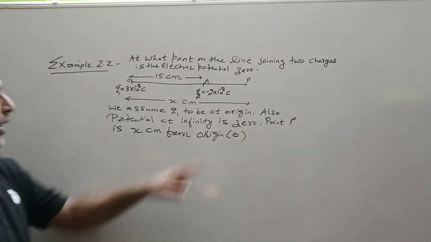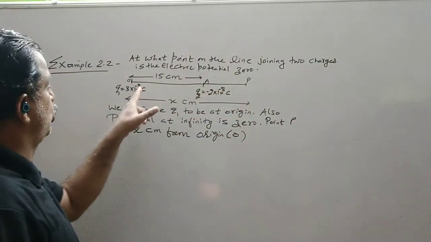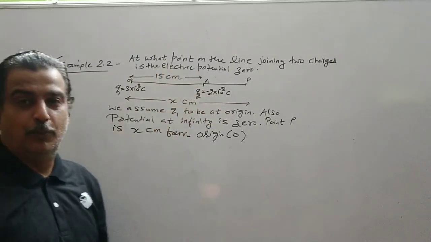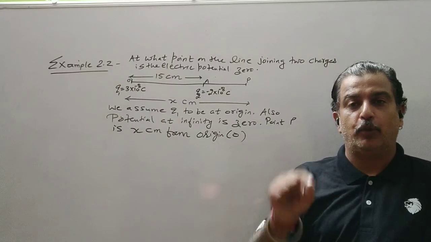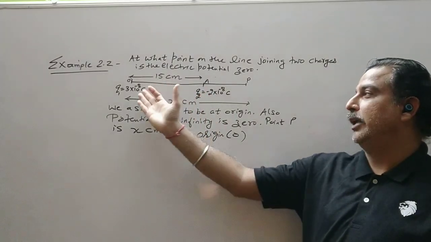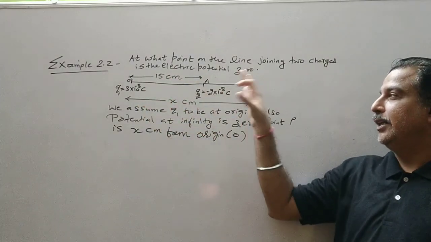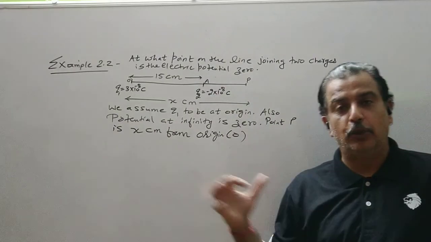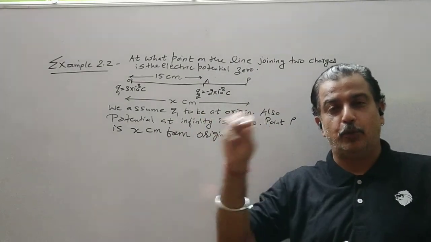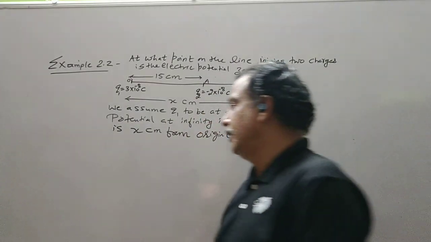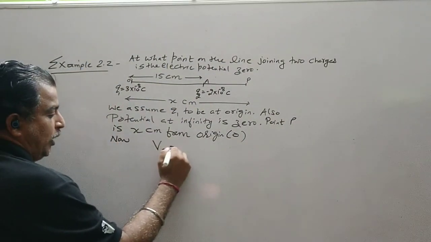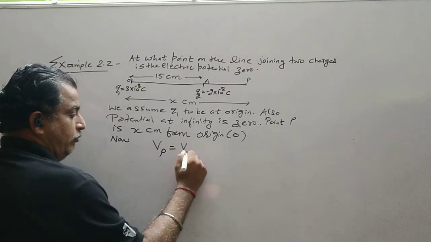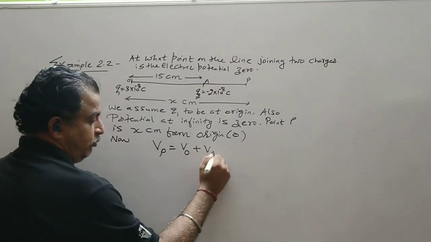Now the potential at point P, there are two sources, Q1 and Q2. So potential is very easy, algebraically it can be added. Find the potential at P due to Q1, potential at P due to Q2, then do the summation and it is given the potential should be 0 at this point. Now Vp is equal to V1 plus V2.